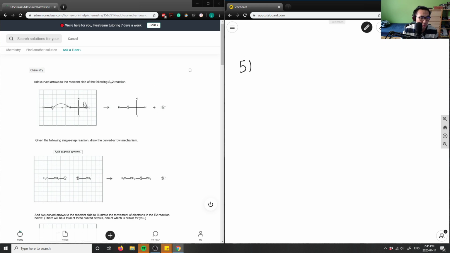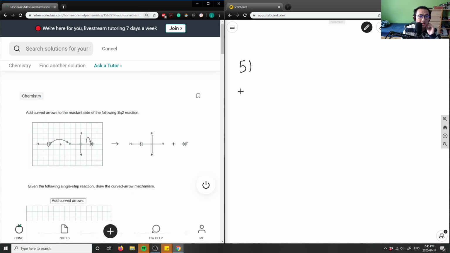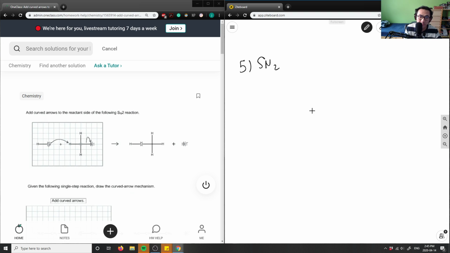So this is a new question here. It says add curved arrows to the following SN2 reaction. You can't really see the SN2, so maybe I'll zoom in. We know it's an SN2 reaction, so that's good. We have to figure out how we're adding our curved arrows. So what does our mechanism say?